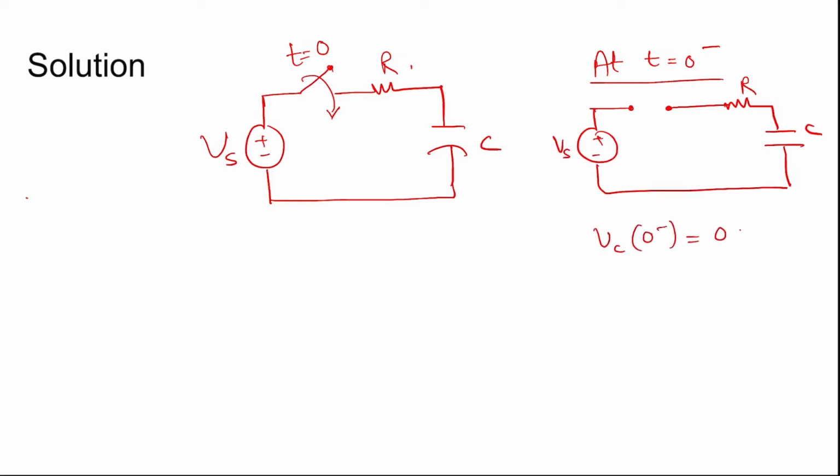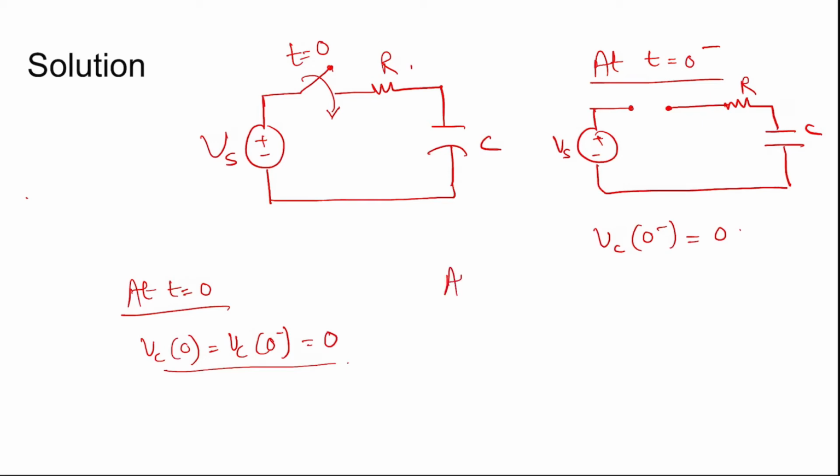The voltage across the capacitor at t equal to 0 minus was 0 since the source was not connected. So Vc(0) equals Vc(0 minus) equals 0. Voltage across the capacitor cannot change instantaneously. Now at t equal to 0 plus, Vc(0 plus) equals Vc(0) equals Vc(0 minus) equals 0.